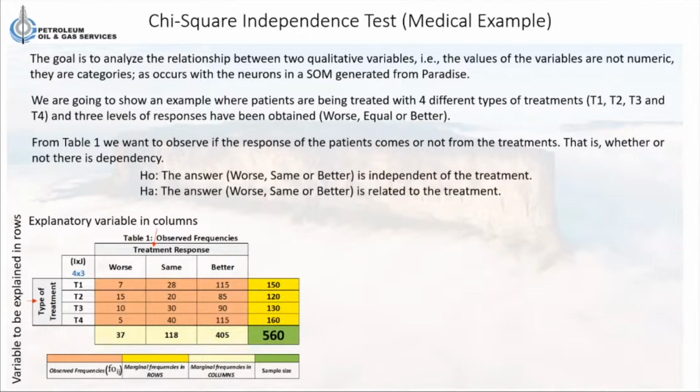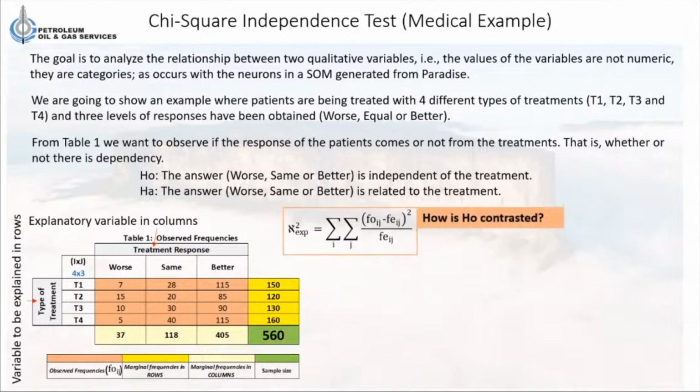So you have to establish 2 hypotheses. The first is the null hypothesis that refers that the variables are independent, and the alternative hypothesis corresponds to the dependency of the variables. So how is the null hypothesis contrasted?